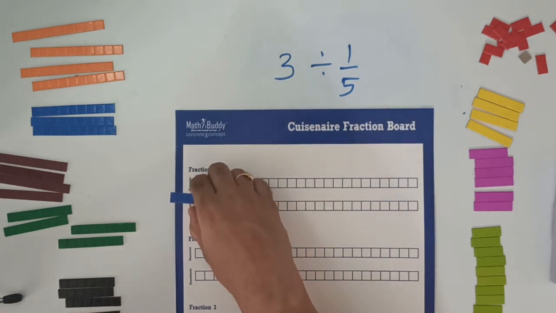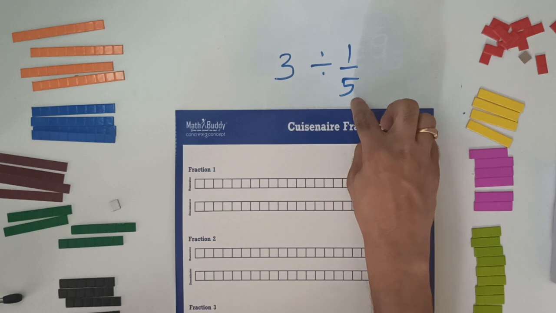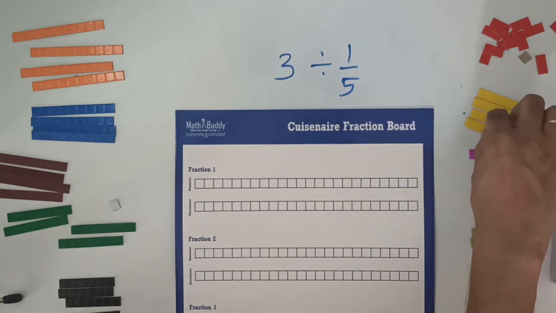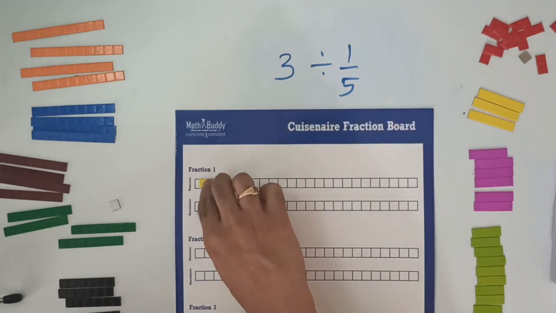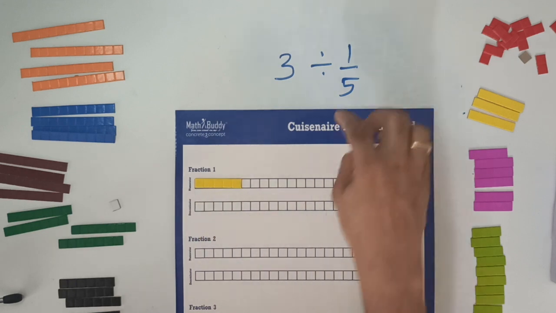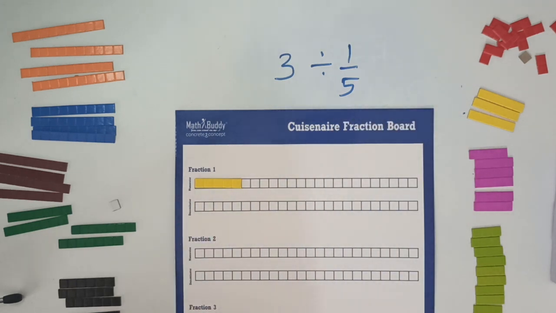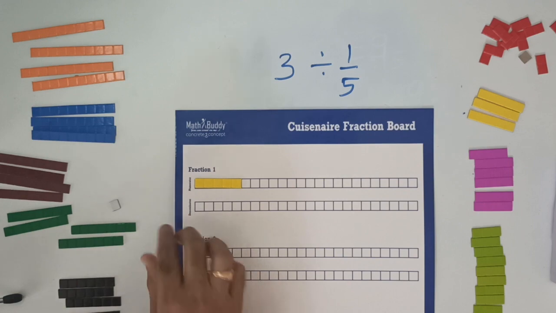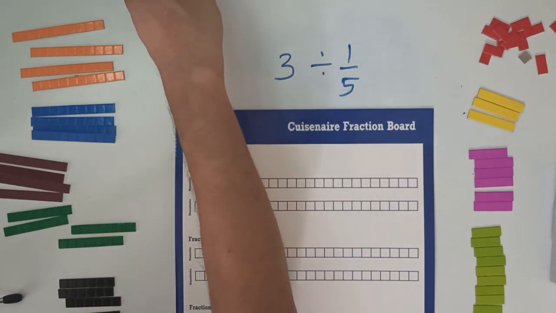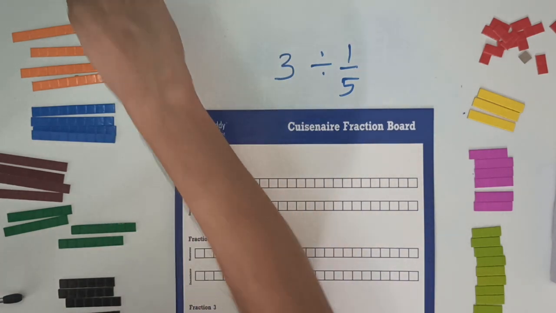So first thing is to identify a whole. As always, we take the whole to be the denominator, which is the rod of length 5, right? And once you identify the whole, find 1/5 of this, right? How do you find 1/5? You divide this into 5 equal parts and then take only one part.